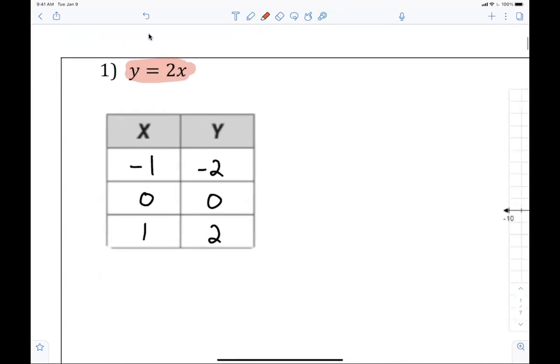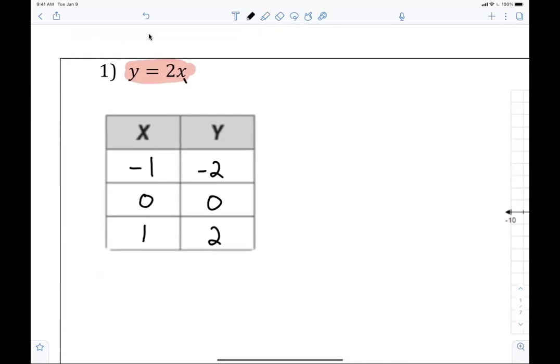Now I want everyone to write: x is referred to as the independent variable, and y is referred to as the dependent variable.